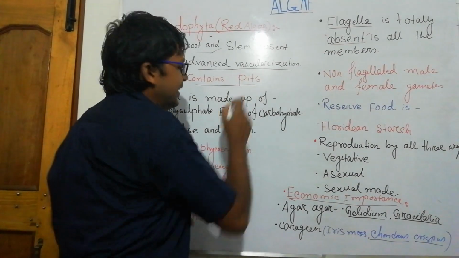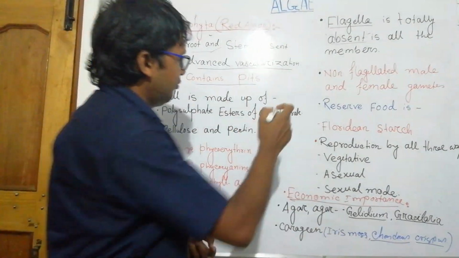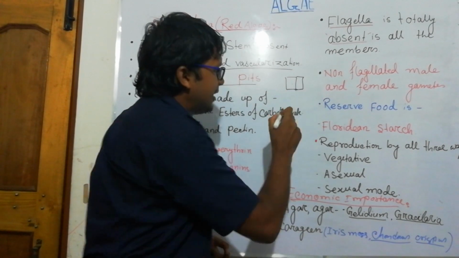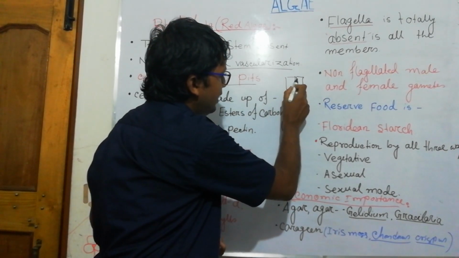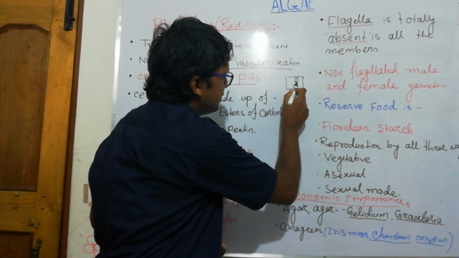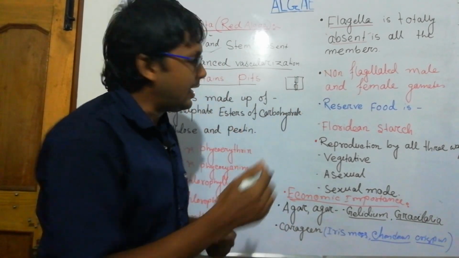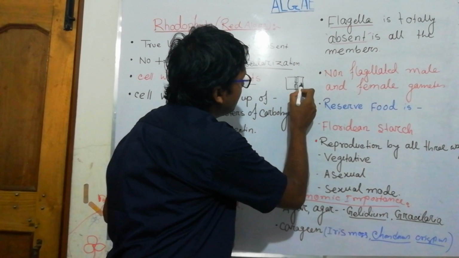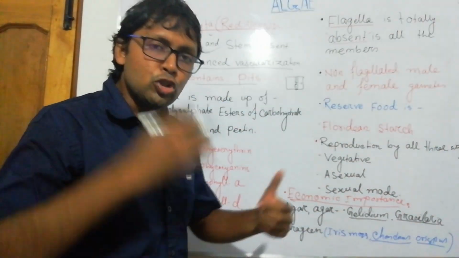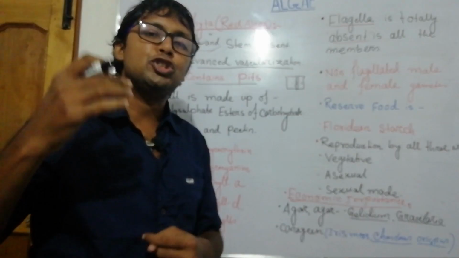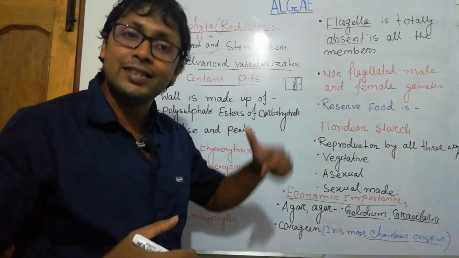The cell wall contains pits. Pit means that if two plant cells are present, in the cell wall region the secondary deposition of the cell wall does not happen and a small pore-like structure is present. This is called a pit. So the pit is an important and advanced trait present in angiosperms, but this trait is present in Rhodophyta.